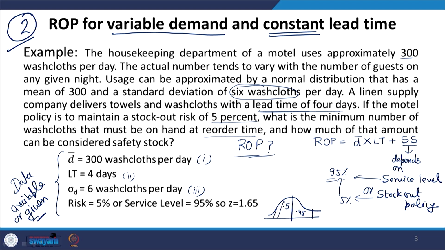So, this whole area you want to cover, only this 0.05 is the area which is not being covered by you. So, this is the stock out area.